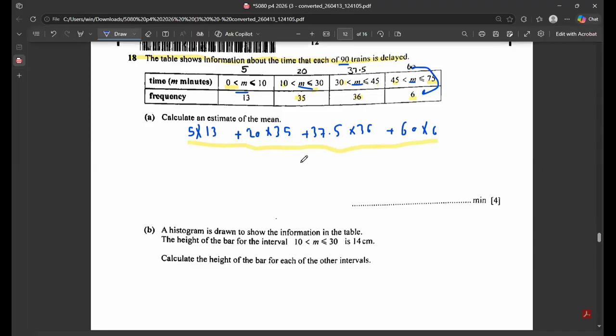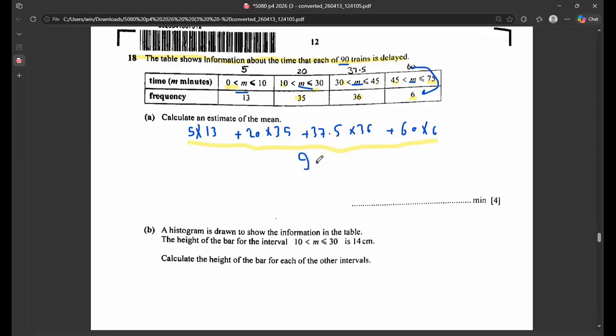Put these numbers on your calc. You get 4 marks easily.